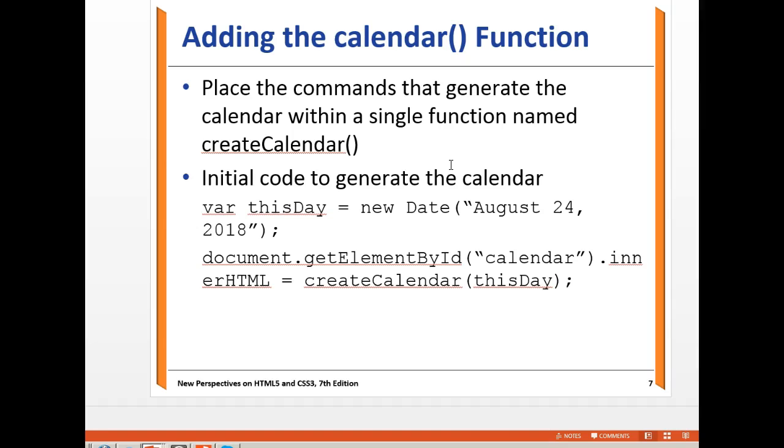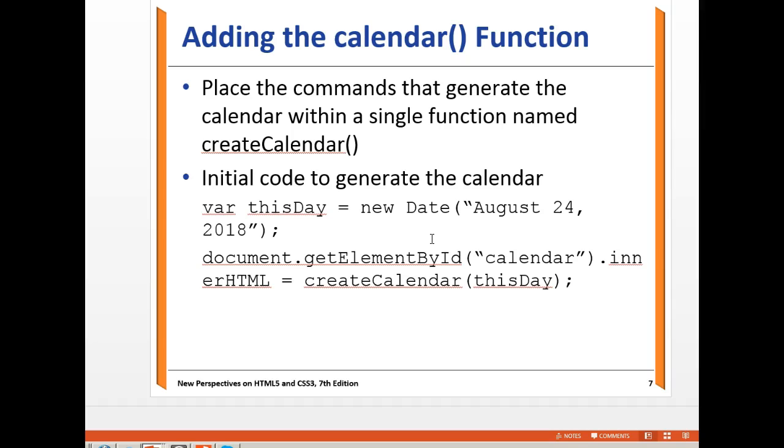The initial code to generate it will be: var thisDay = new Date(), that's how you create it with new. And then document.getElementById("calendar").innerHTML = createCalendar(thisDay). So the thisDay variable stores the current date.